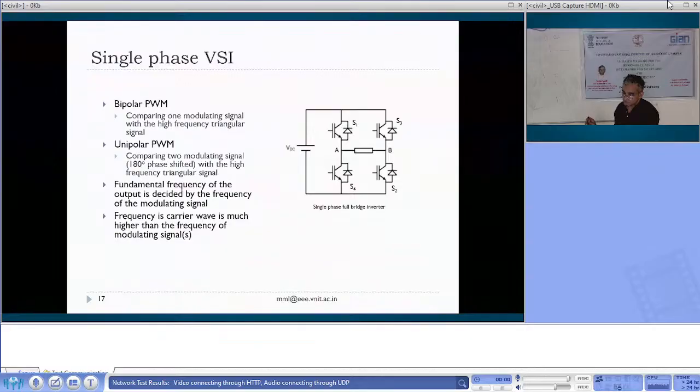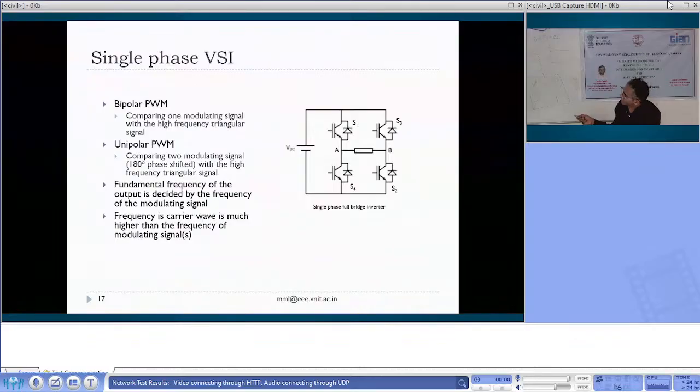But there are two techniques, bipolar PWM and unipolar PWM. In bipolar PWM, you will not find any zero state. So what are the two states that I described? When S1 and S2 are on, VAB is plus VDC.